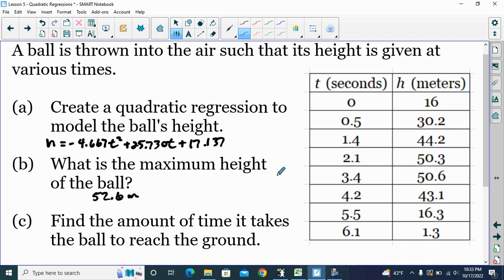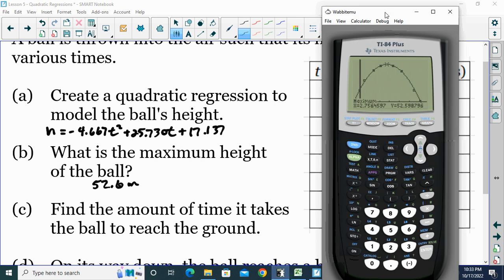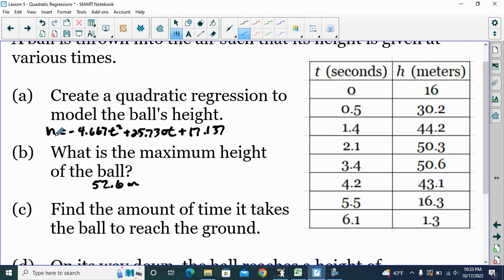Part C, find the amount of time it takes the ball to reach the ground. Notice it's almost at the ground at 6.1, so we should get an answer a little bit more than 6.1 seconds. When the ball reaches the ground, its height is 0, so we would want height to be 0. So we want 0 to be equal to that regression equation that we graphed previously.